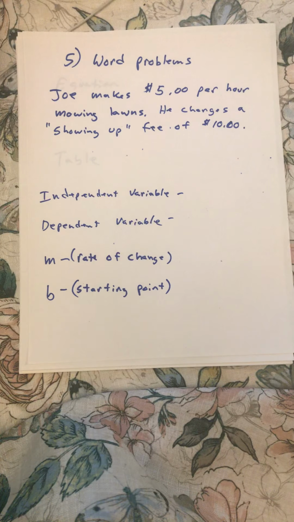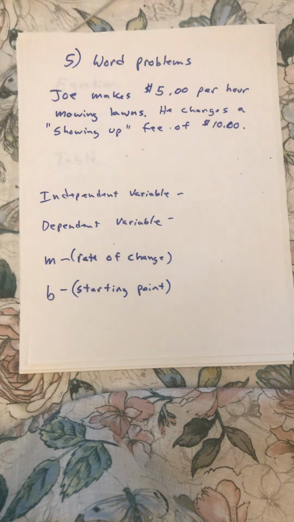Okay, word problems. Now this one's going to get a little lengthy. This is going to make things a little more sense in terms of input, output, and things like that. This is like your vocabulary task for Monday, and something I tried to teach you throughout the year: the independent variable and dependent variable. I didn't talk about the domain and range.